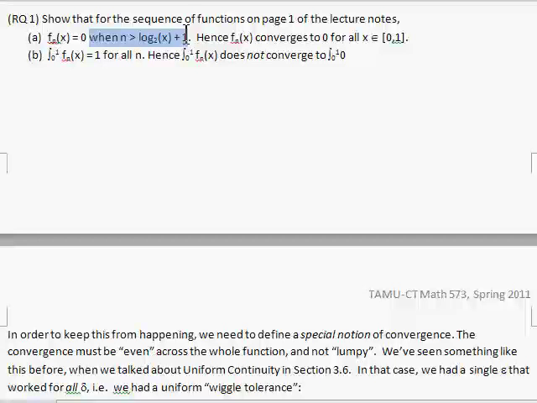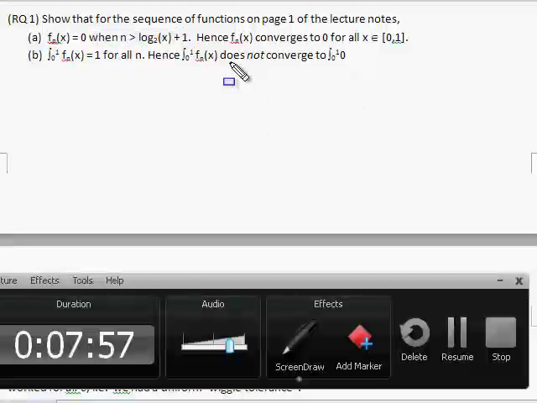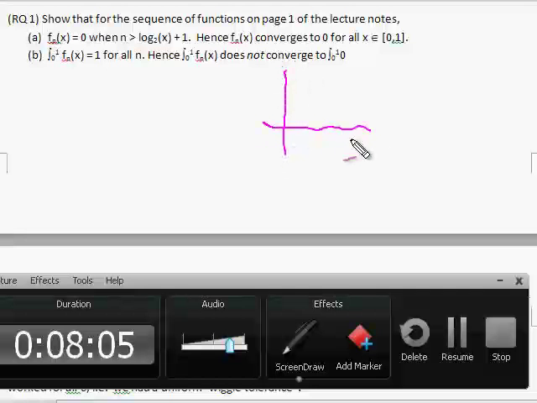What does that mean? As n increases, for any fixed value of x, let me draw my axes again here. It may be that the function starts out here, and it goes up, and it goes up.